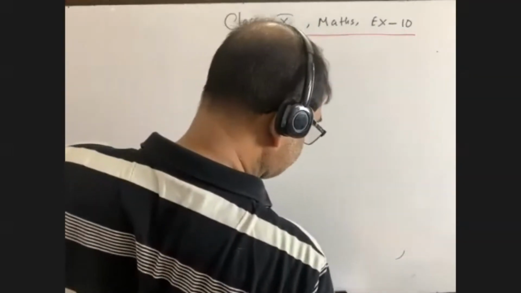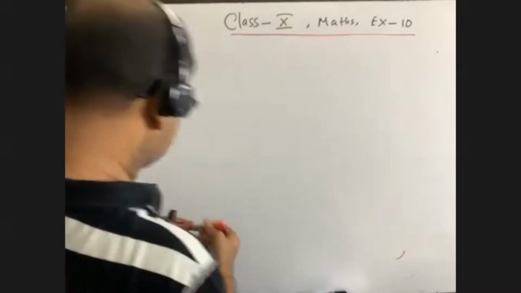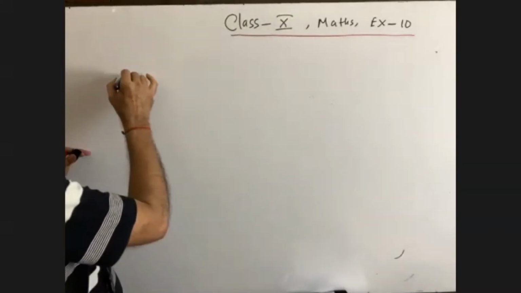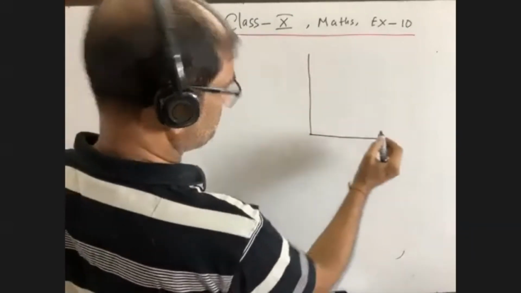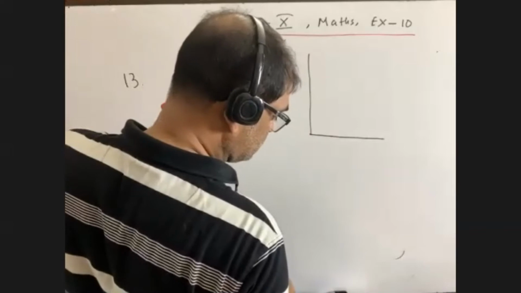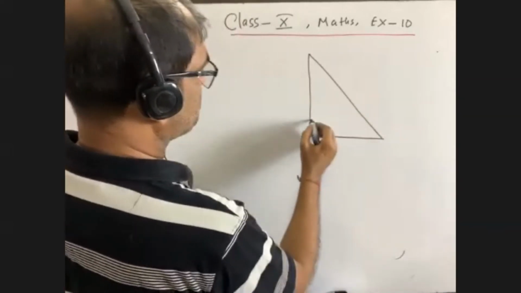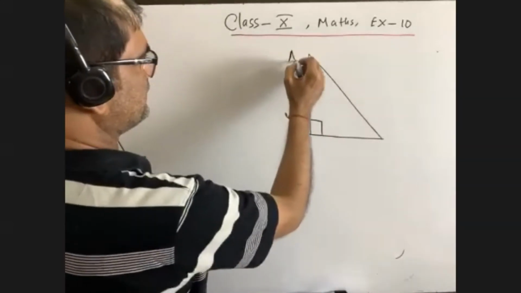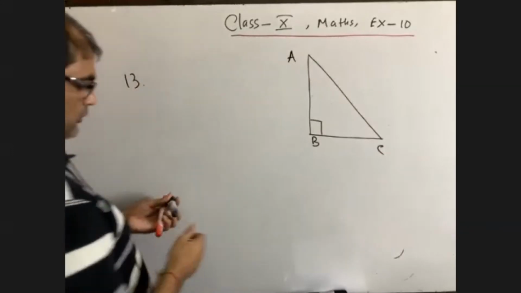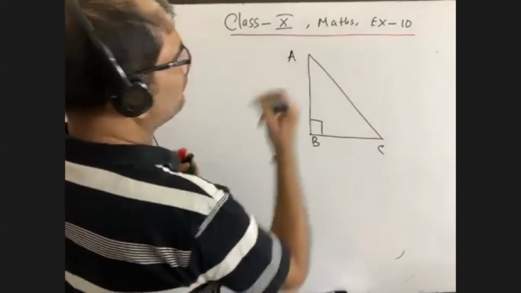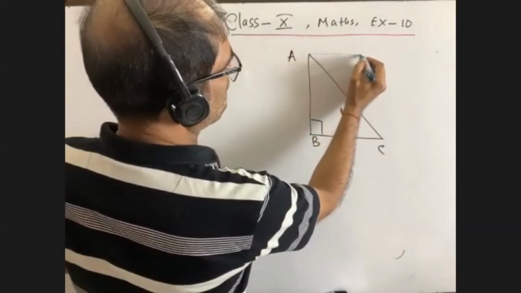Question number 13. In question number 13, you see, read the question at first. If the angle of depression, okay, suppose it is A, it is B, it is C. Angle of depression, then you must draw an imaginary line parallel to the base.